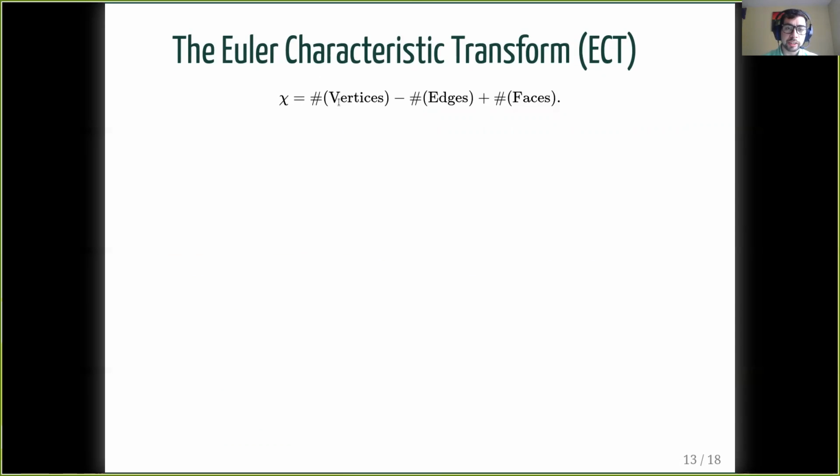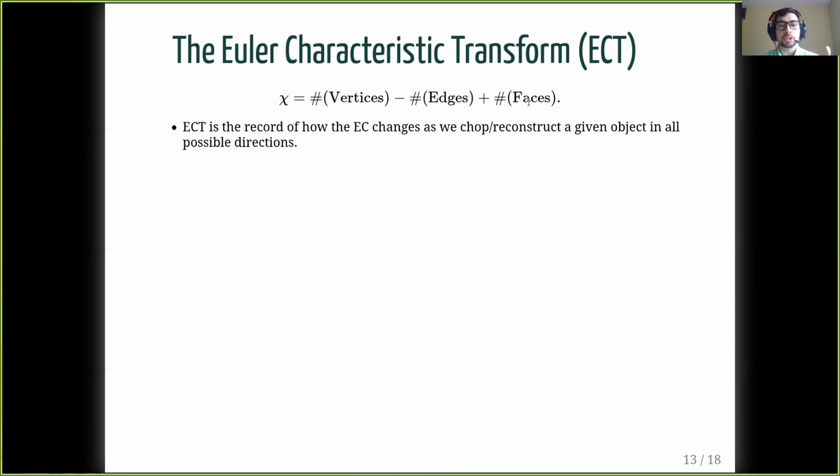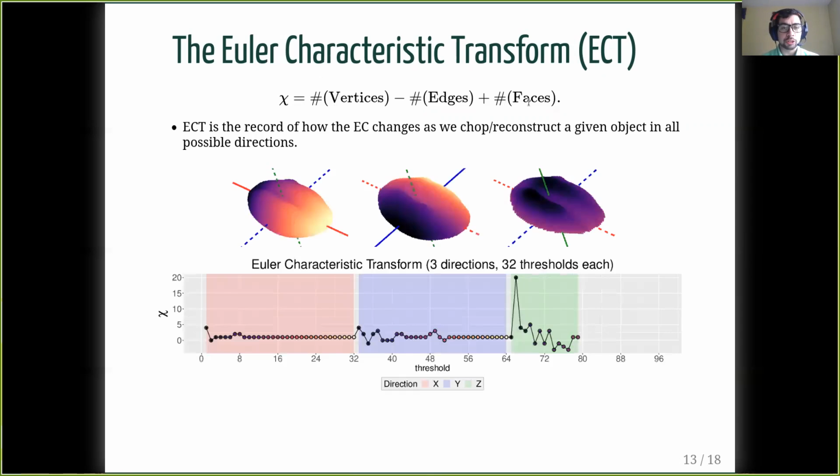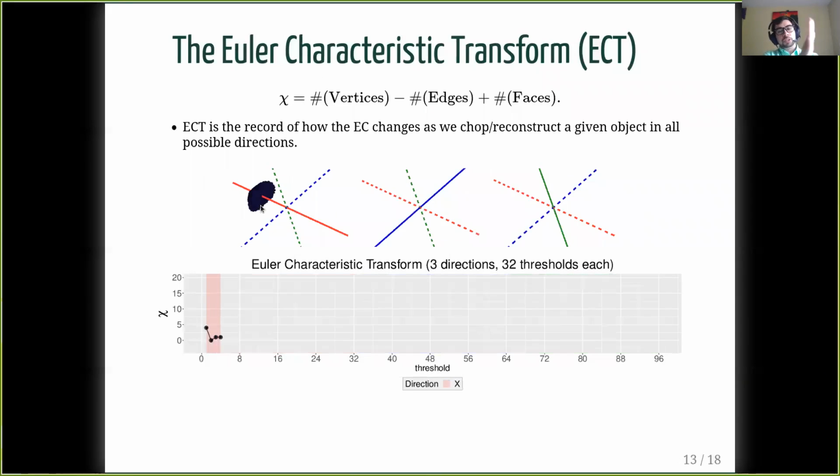So the Euler characteristic is this very simple number. You have your image and you just measure the number of vertices minus the number of edges plus the number of faces. Maybe that number is too simple. So we want to see how that number changes as we chop or slice our seed in a lot of directions. To see that in a picture, imagine that we have this seed and we chop it left to right, and then front to back, and then top to bottom.